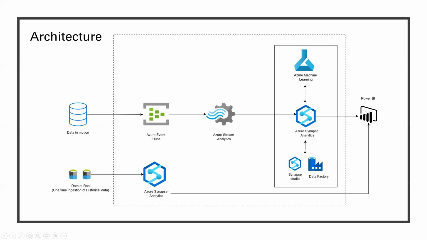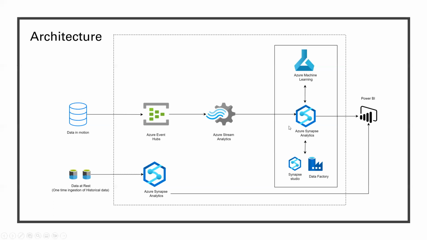Before we move to the Power BI part, let's talk about Azure Synapse Analytics, machine learning, and Data Factory. Azure Machine Learning is used to make forecasts on the tank level of a particular region given the inputs received.